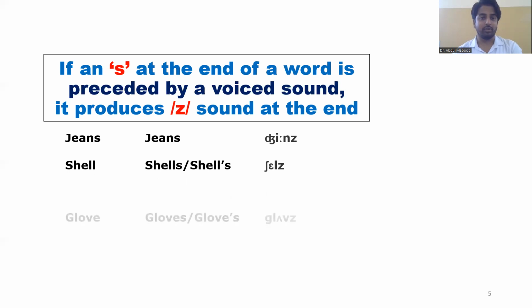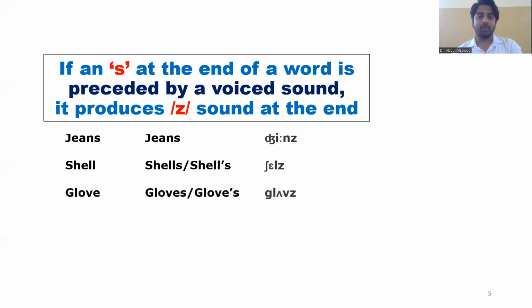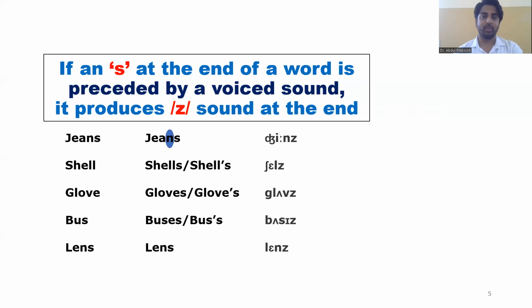L is voiced. Then glove, gloves, bus, buses. Then lens. Because n is a voiced sound, so s becomes z, not s.